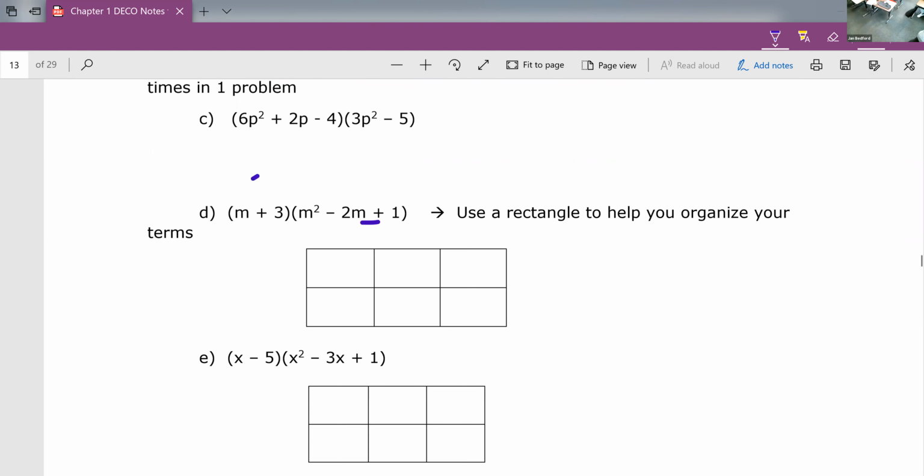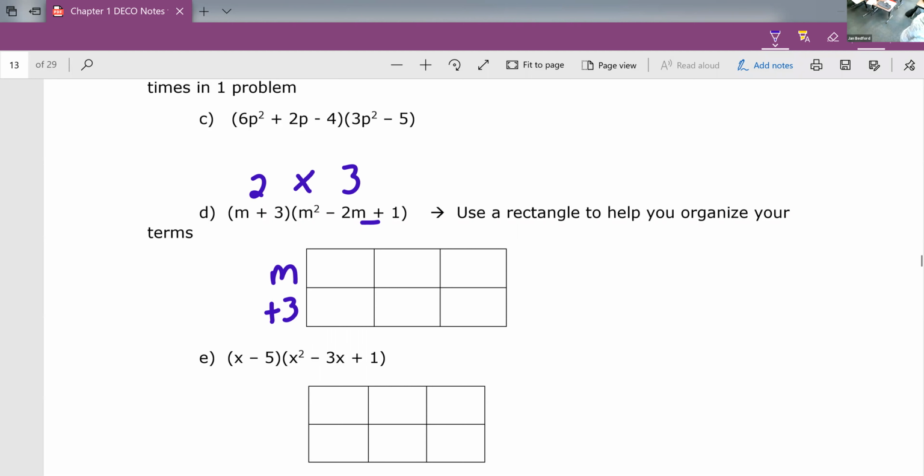I count up my terms here. There are 2 terms. My terms here are how many? 3. So what that means is I want to make a rectangle that's 2 rows by 3 columns. So here's 2 rows, 3 columns. And where I have my 2 rows, I'm going to put 1 term beside each row. So since that first parentheses was m plus 3, I'm going to put m next to the top row.